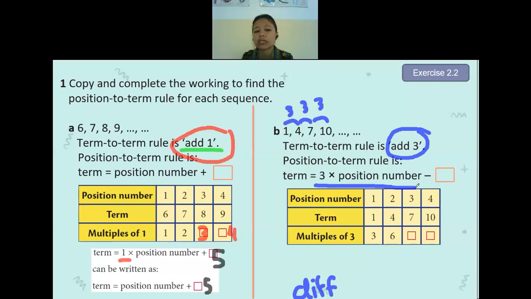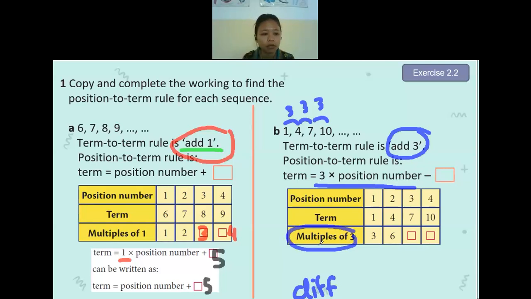After you got 3, the second thing is the multiples of 3. We need to find the multiples of 3. If maybe later the difference is minus 2, it means negative 2 times position number. It will be like that.